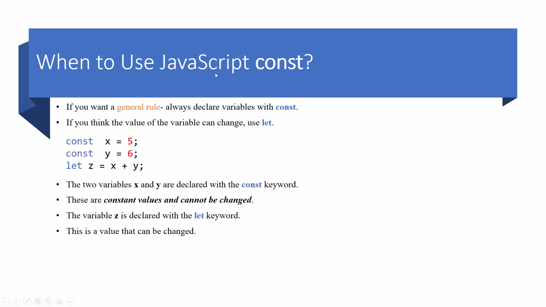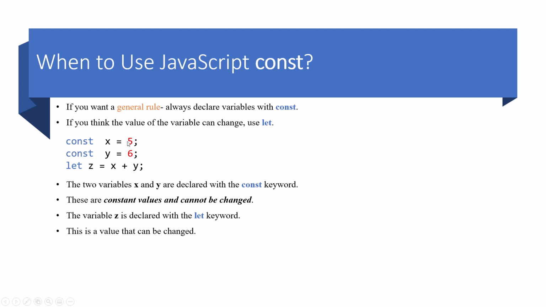Next is when to use the JavaScript const keyword. The const keyword, as the name suggests, means constant keyword. When we declare and initialize a variable using the const keyword, the value for that variable is constant. So whenever you want a variable with a constant value, you can use this keyword. Here one example is given, const x is equal to 5.